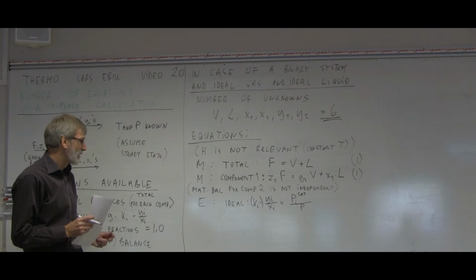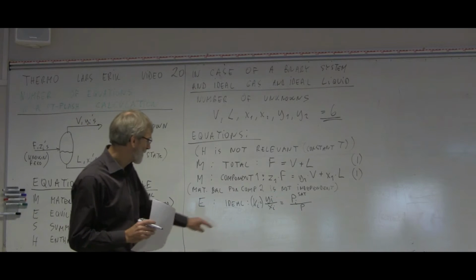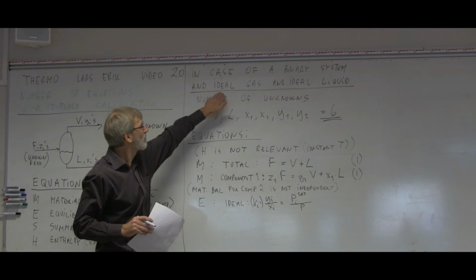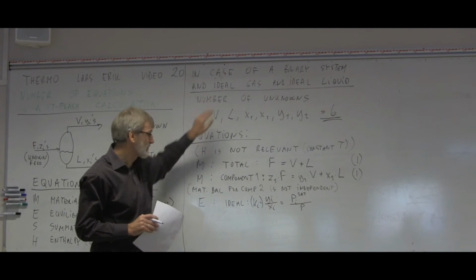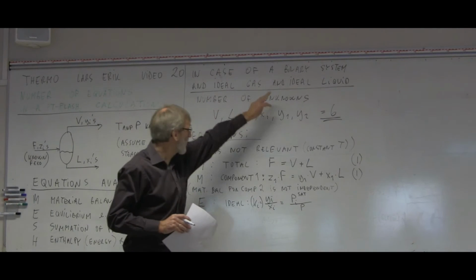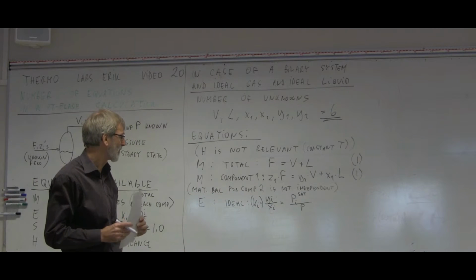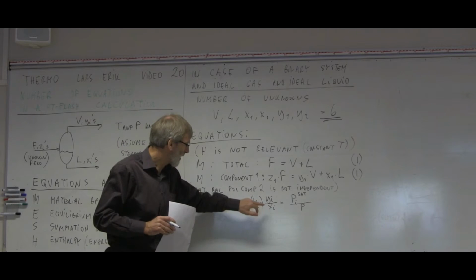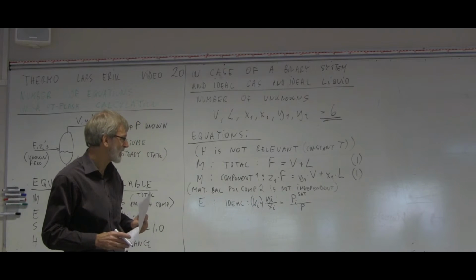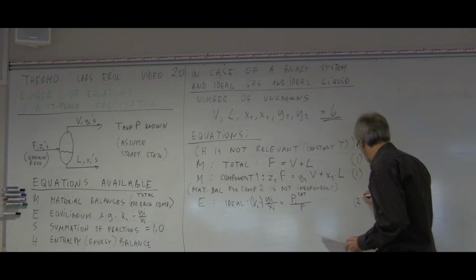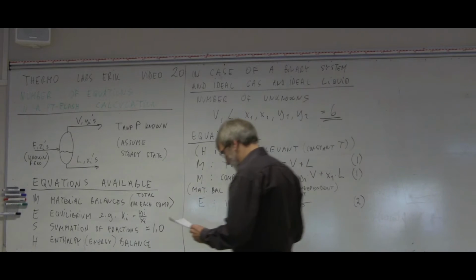Because we assume here ideal gas and ideal liquid, the ratio of the y and the x is the P-sat over P, and then we have 2 equations.